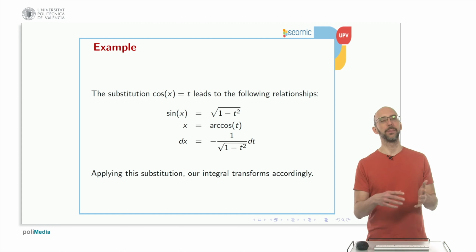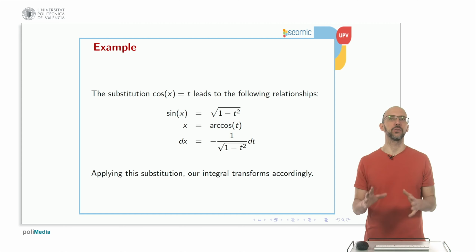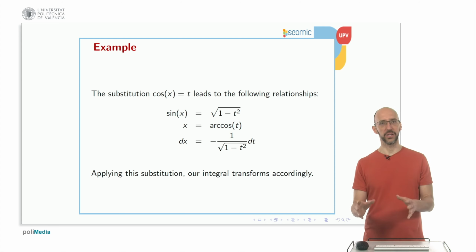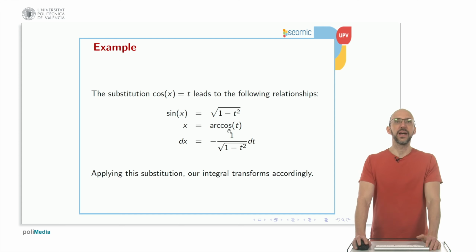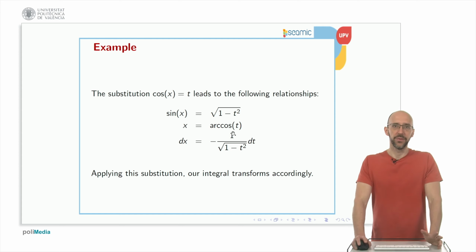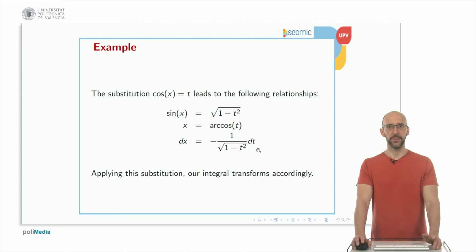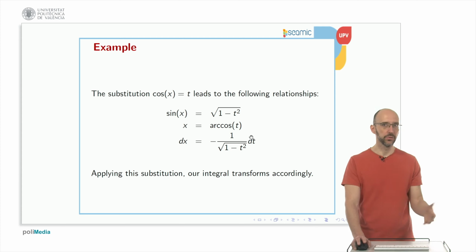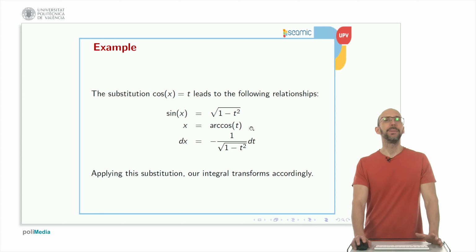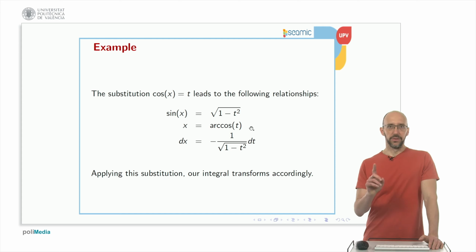The power minus 1 is just notation. The inverse function is arc sine or arc cosine. So, x is the arc cosine of t. The derivative of the arc cosine is minus 1 over the square root of 1 minus t squared, dt. Should I remember the derivative of the arc cosine? The answer is yes, if you are going to apply this change. But it's not difficult.